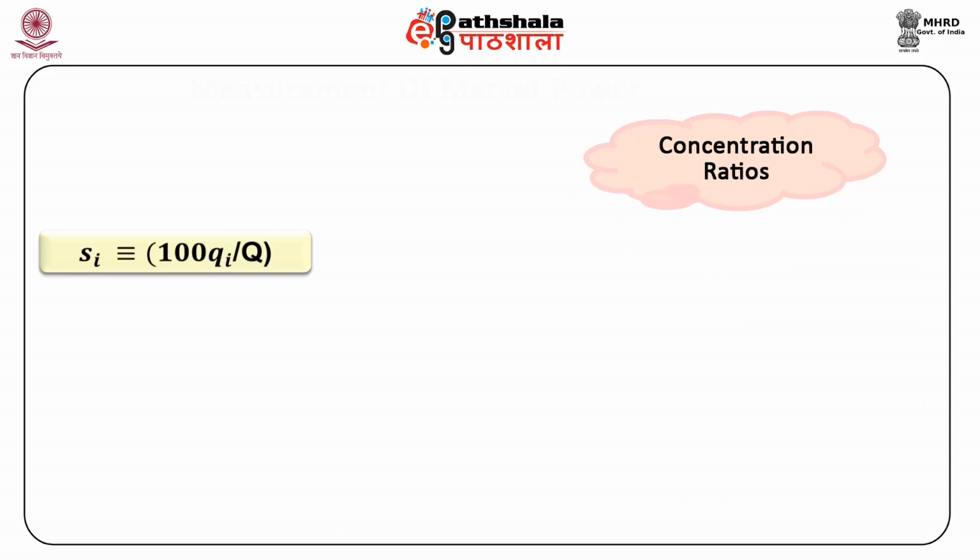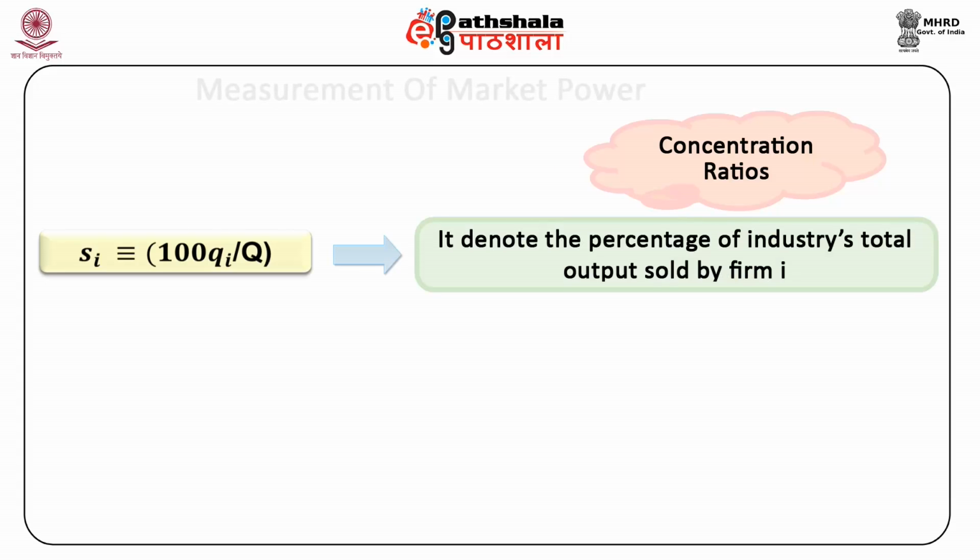Let Si equal 100 Qi divided by capital Q, denoting the percentage of industry's total output sold by firm i. We call Si the market share of firm i. Let Qi denote the output of firm i, where i equals 1, 2, and so on till n.